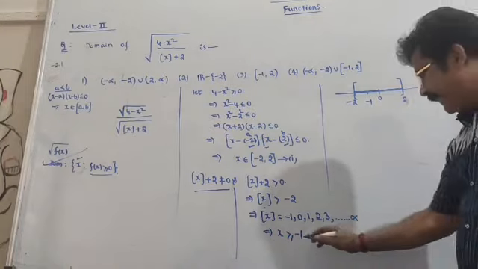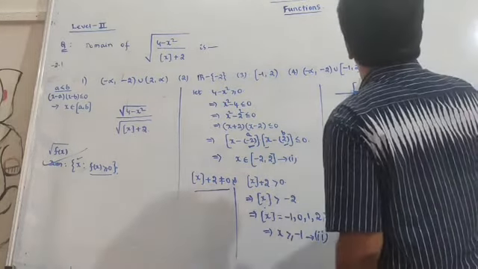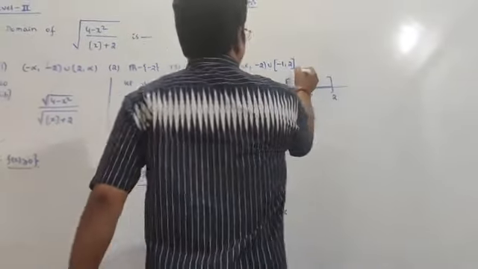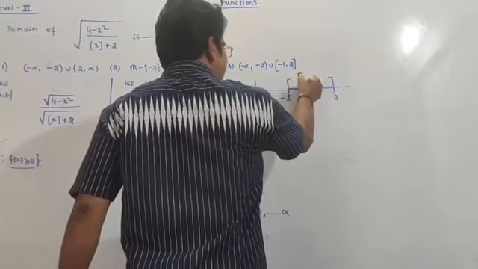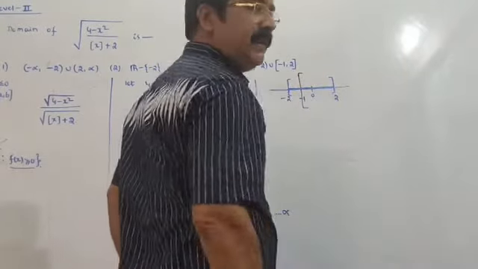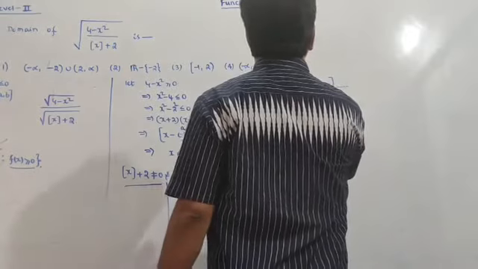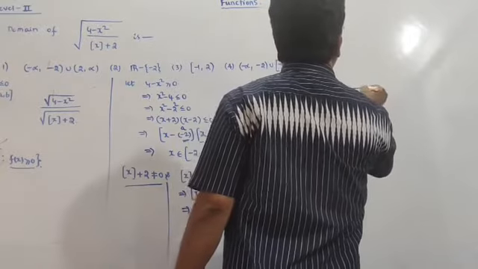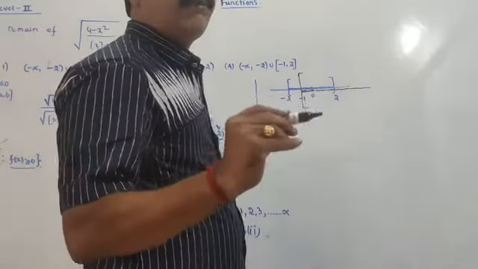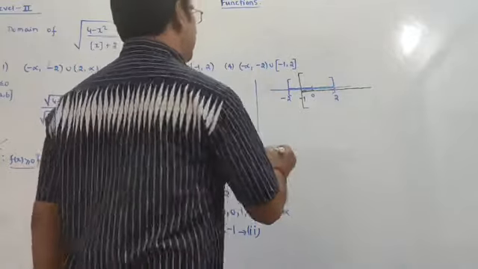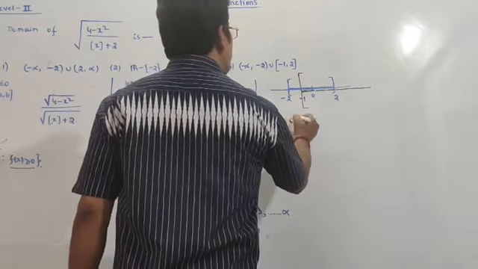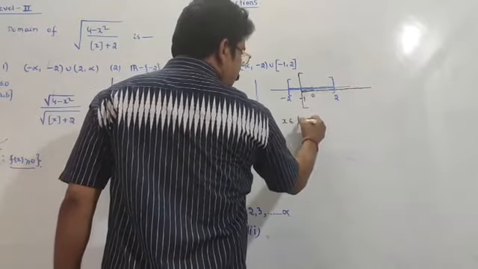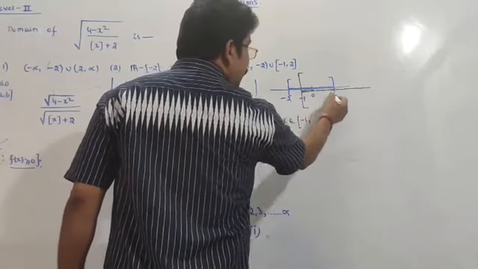Next, greater than or equal to minus 1: for equal to we write a closed interval, and greater than means up to infinity. Therefore the combined solution, this combined area, is x belongs to the closed interval of minus 1 comma up to 2.